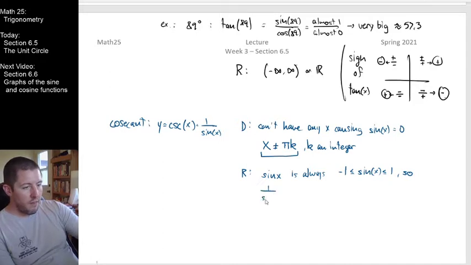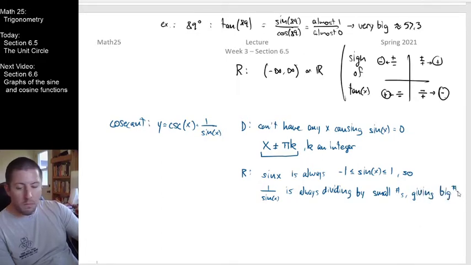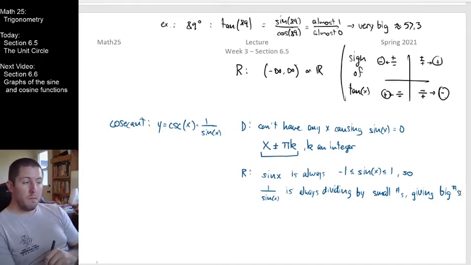So 1 over sine of x is always dividing by small numbers, giving big numbers. All right.